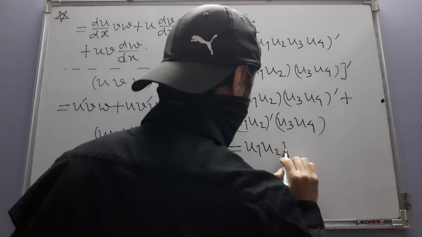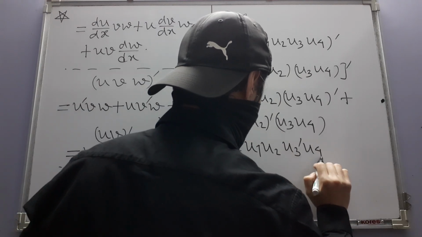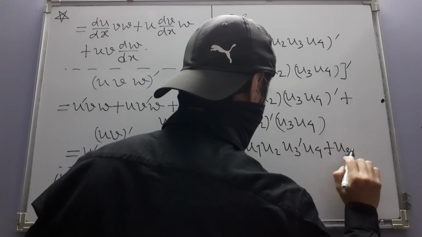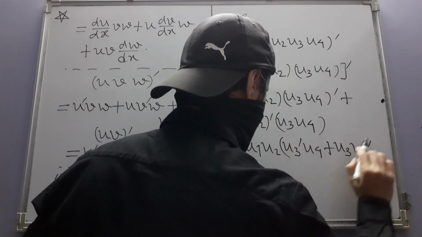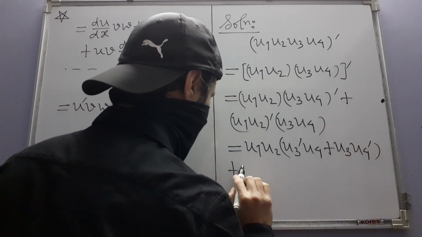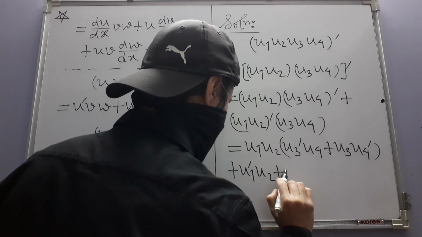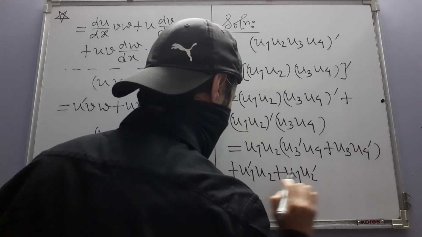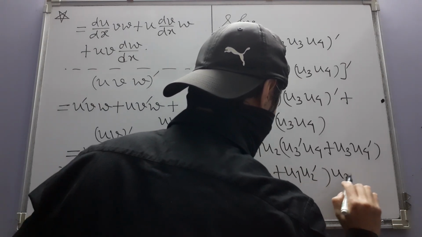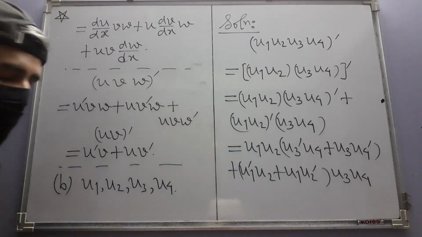u1, u2 times u3 prime, u4 plus u3, u4 prime, plus u1 prime, u2 plus u1, u2 prime times u3, u4.